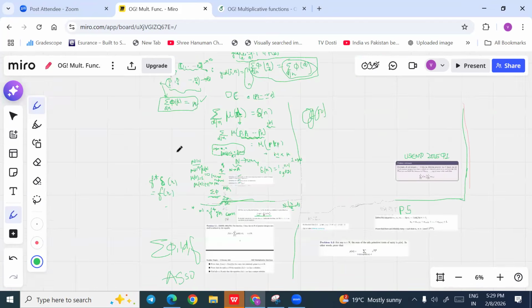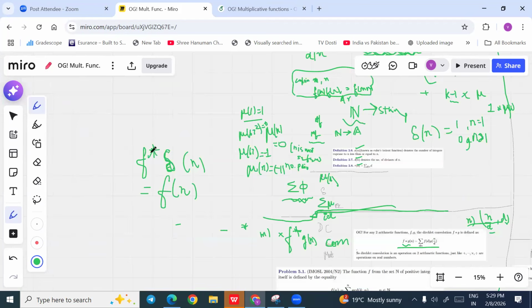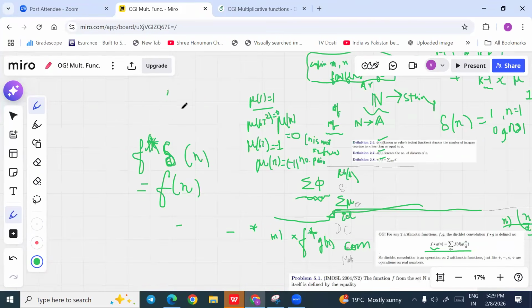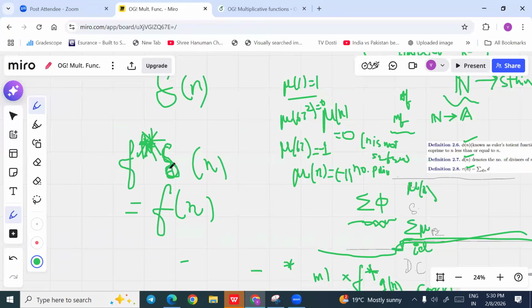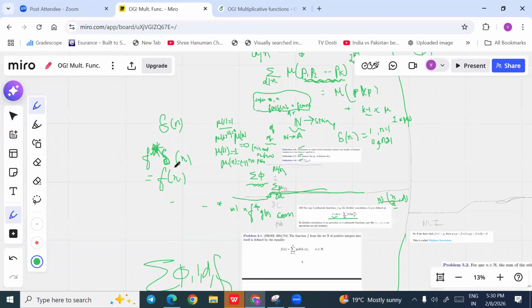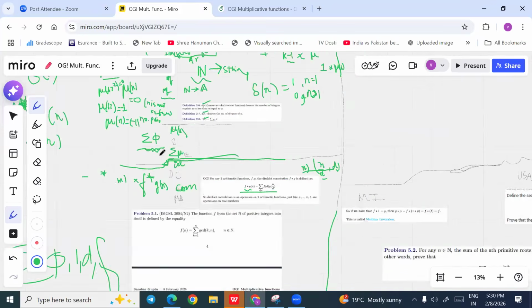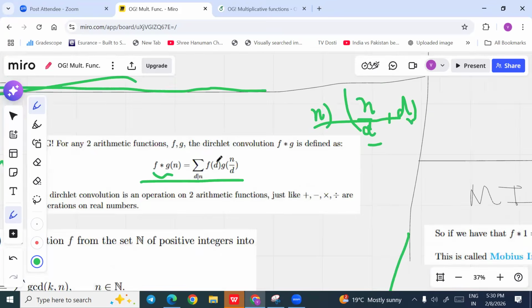So basically, if you take the Dirichlet convolution of anything with the delta function, it will just return the function itself. So Dirichlet delta is basically the identity of the convolution operation. Why? Because f cross g of n is the sum over d dividing n.